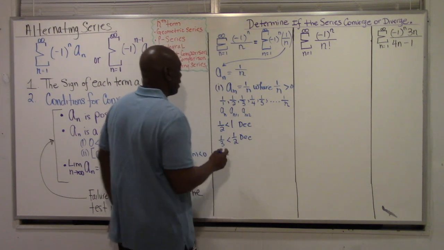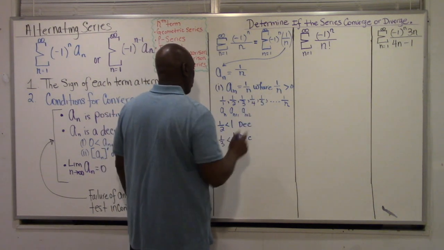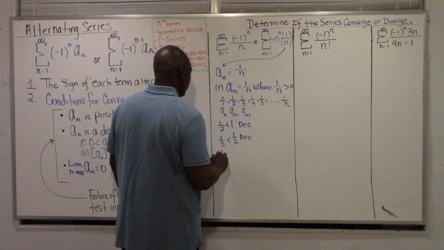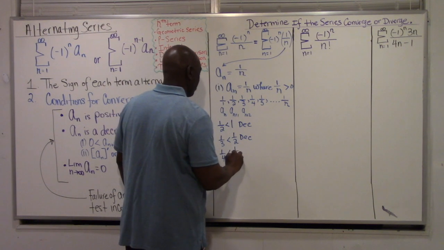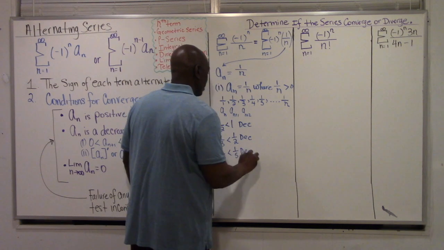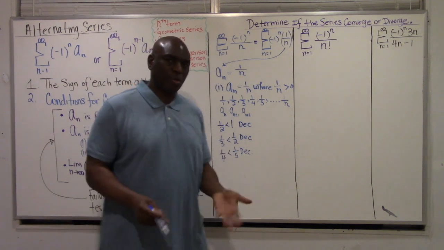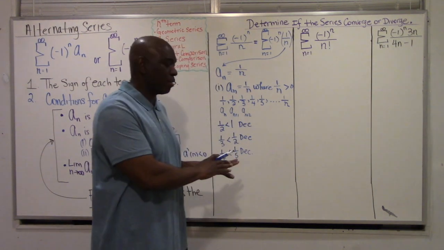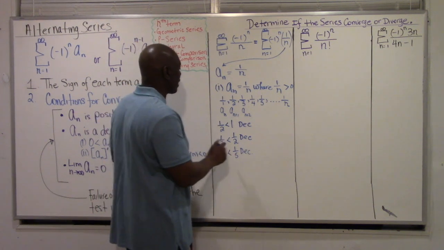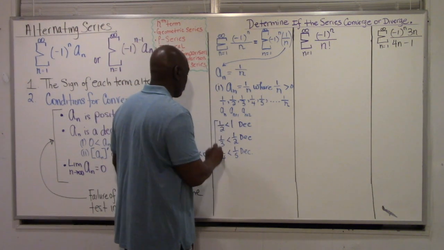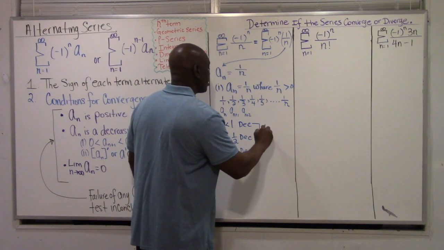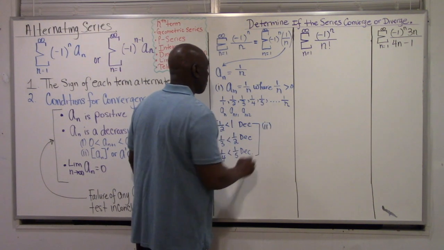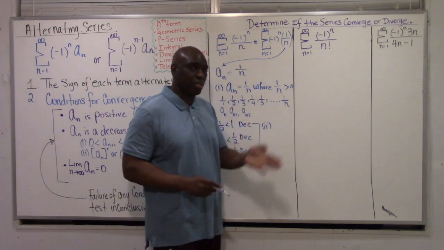It's decreasing, just like 1/5 is less than 1/4. Decreasing, and on and on. Okay, so you get the idea. So this right here satisfies condition number 2, because we have a decreasing sequence.